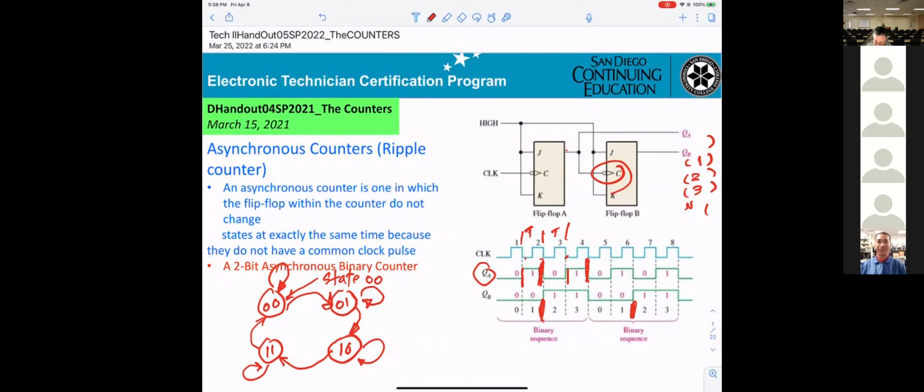That means it will be 4 times the period, that divider. By looking at the timing, you're able to see what the frequency is supposed to be at the output.